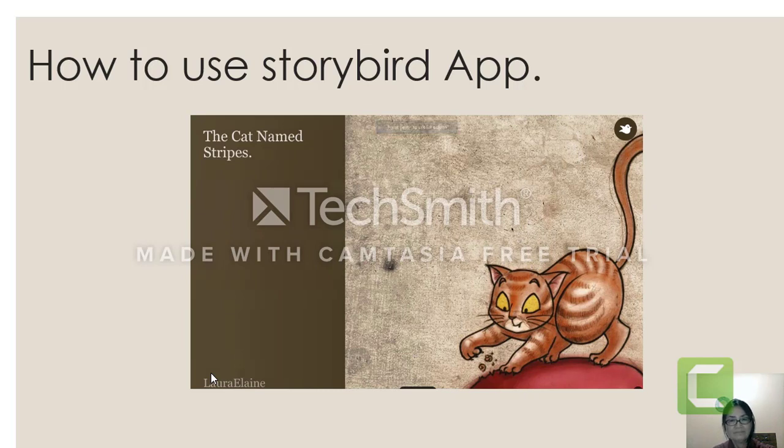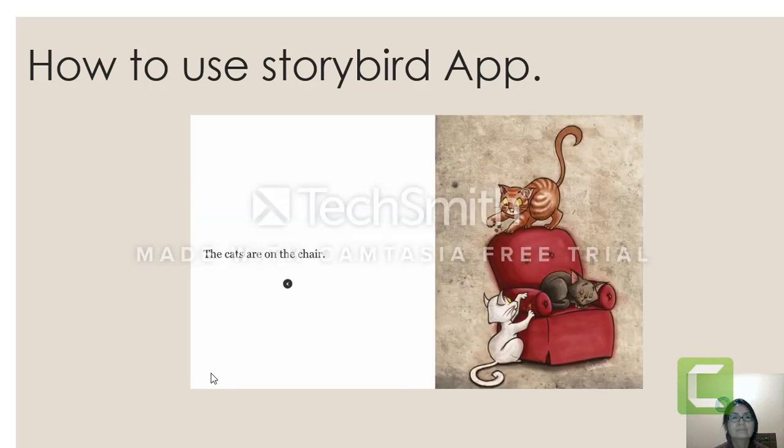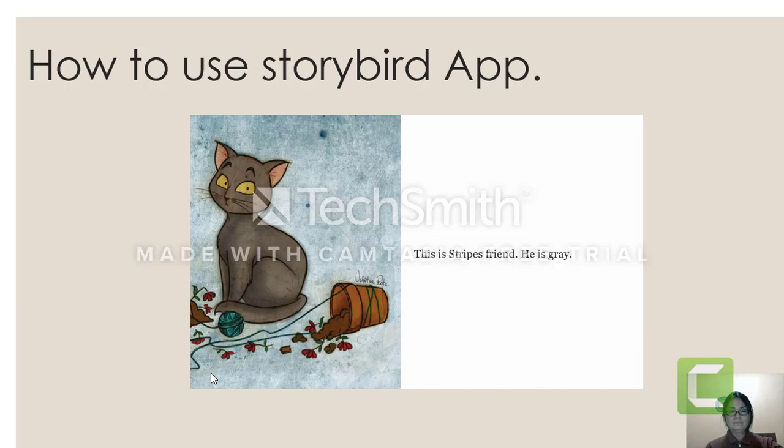This online tool can work as a summative assessment for my students after they create their stories, so I can assess whether they use their sight words in the correct terms. For example, the cats are on the chair. I can see which sight words they use, how many they use, and assess whether they use them correctly. I can do this throughout the rest of the story as well.